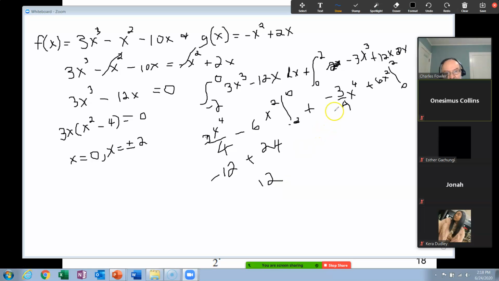Okay, when you do this side, plug a 2 in there. 2 to the 4th is 16 over 4 is 4 times a negative 3 is a minus 12. And plug a 2 in there, you get 2 squared is 4 times 6 is plus 24.